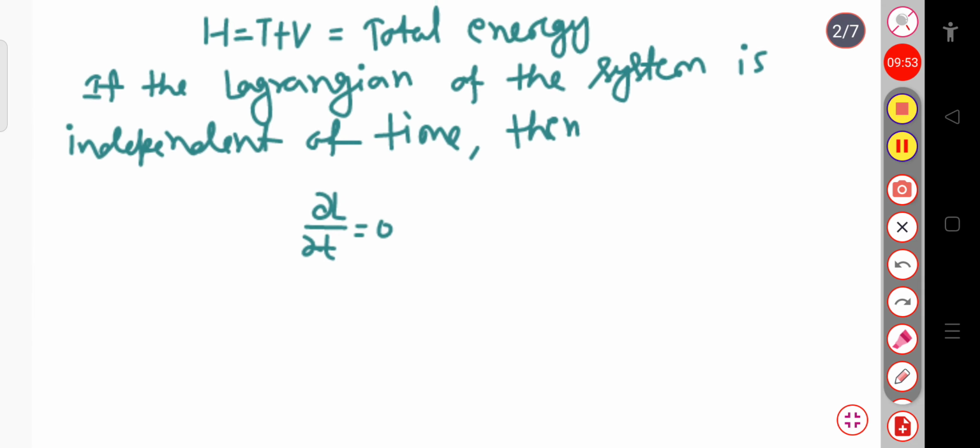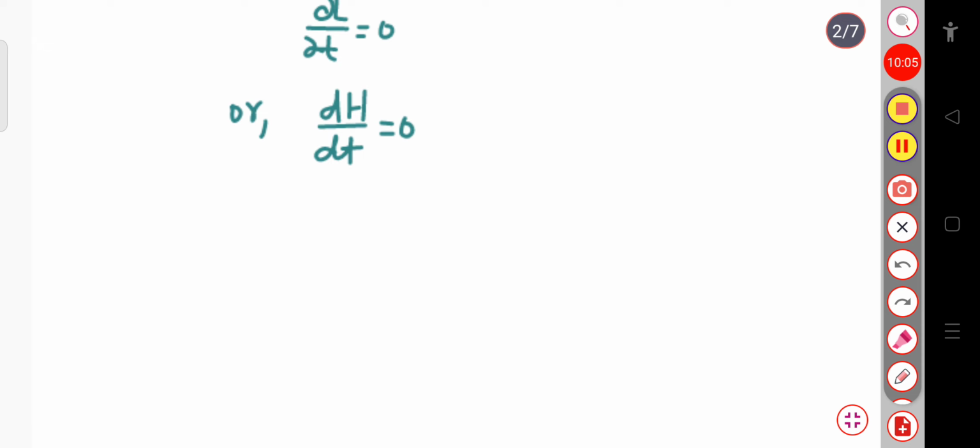Since ∂L/∂t equals 0, dH/dt equals 0. And since dH/dt equals 0, it means that the Hamiltonian is constant.